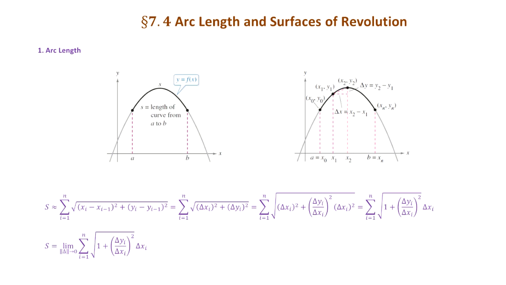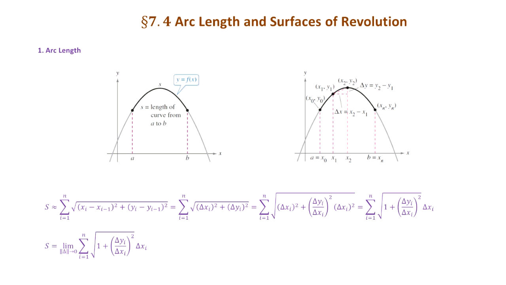These are two adjacent points on the curve when we cut it. Those are two adjacent points like x1, y1 and x2, y2. So we just use the distance formula to calculate the distance between those two points, and then you sum up, from i equals 1 to n.